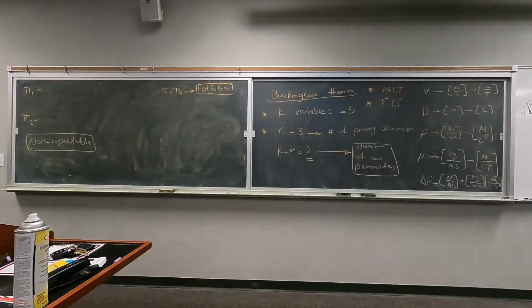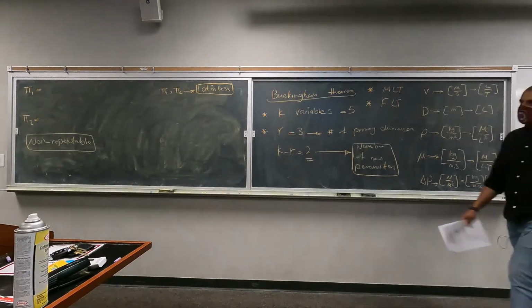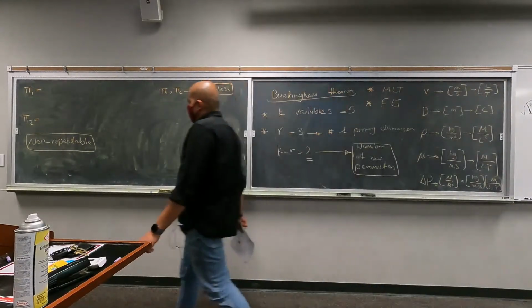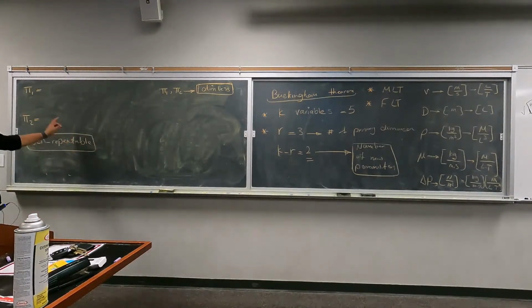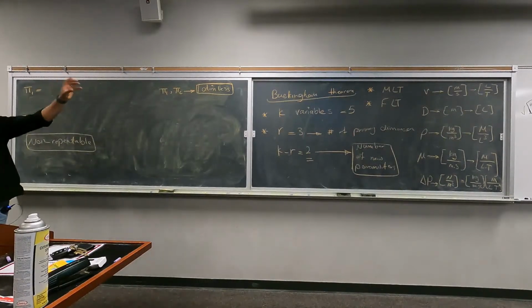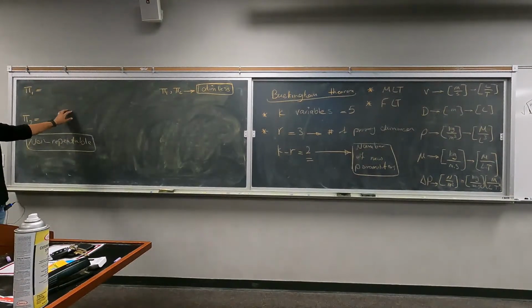We have 5 old parameters, 2 new ones. Is this clear up to this point, what we are doing? And here we want to find pi 1 and pi 2. The idea here is that some of those 5 parameters should be repeated here, right? Because we are reducing 5 parameters to 2. So some of these parameters will be repeated.